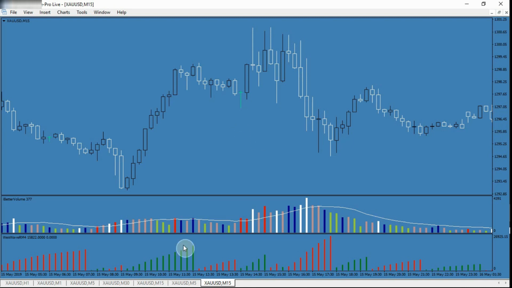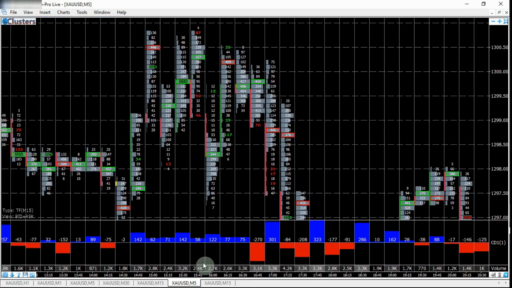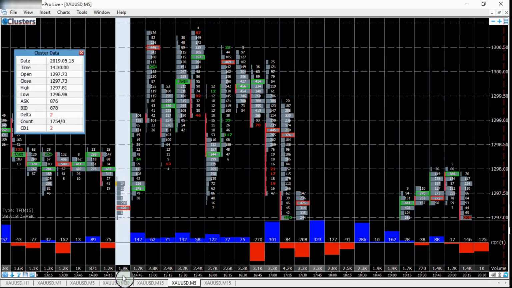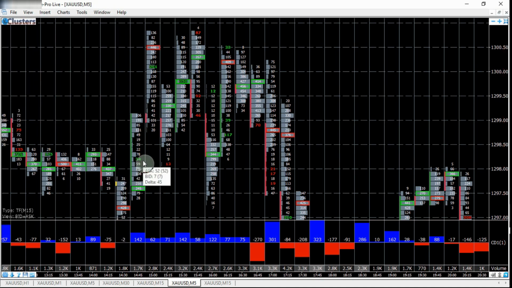So we'll go back to the cluster chart, the footprint chart, and we will look for 14:30, which is right here. Okay, 14:30. We have a lot of aggressive buying. I mean, look at this: 1, 2, 3, 4, 5, 6, 7, 8, and this is also a 15-minute chart.